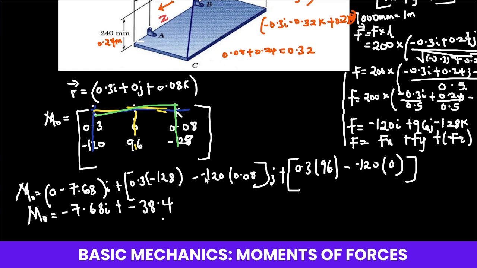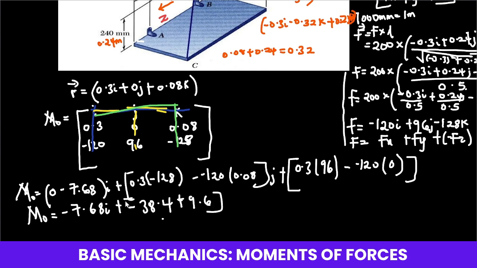All right, then minus minus becomes positive, so positive 120 multiplied by 0.08, you're going to get 9.6 at this point.